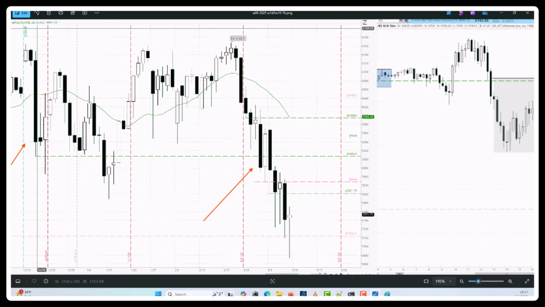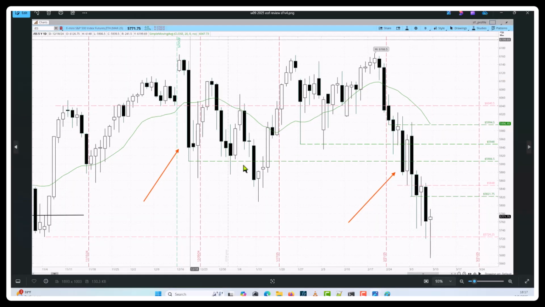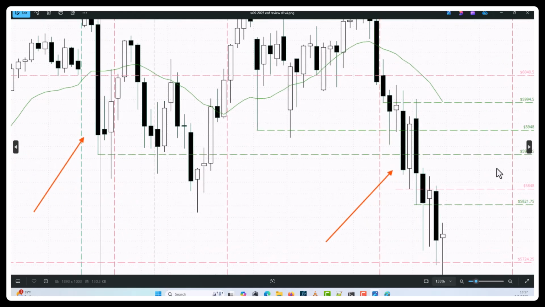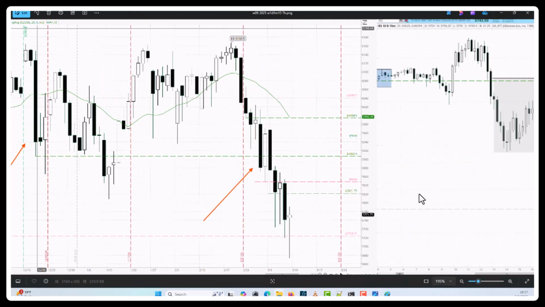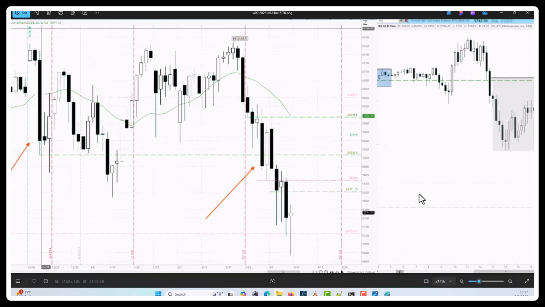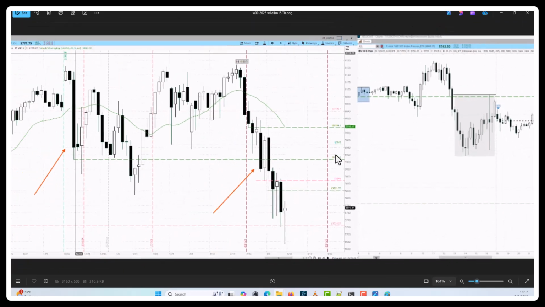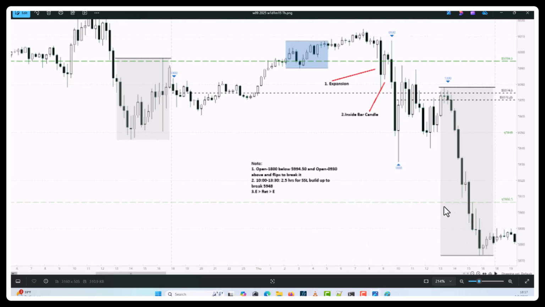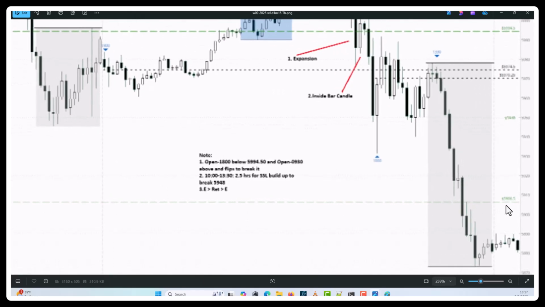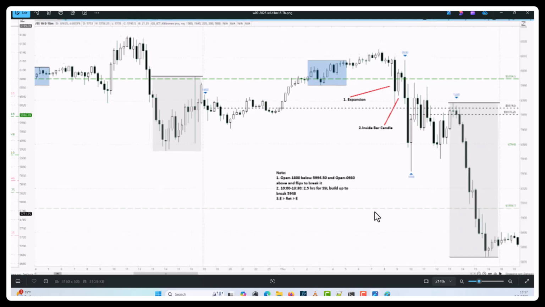Let's take a look. No, actually right there is 59.06, the target level for Thursday. Yes, so 59.06, and that's how it goes all the way down, 59.06.